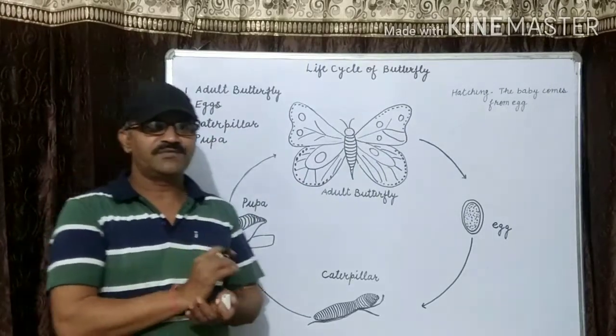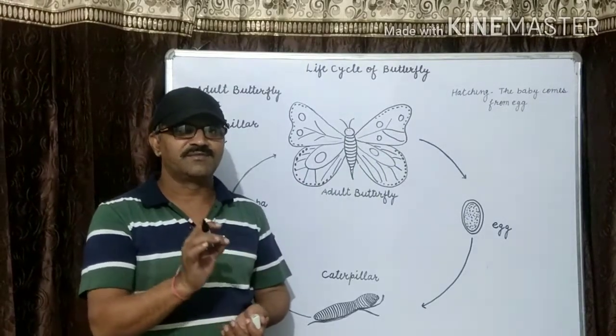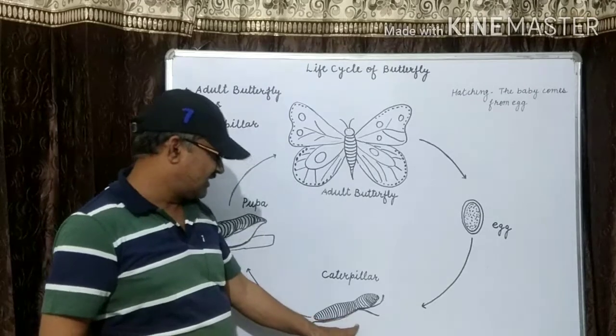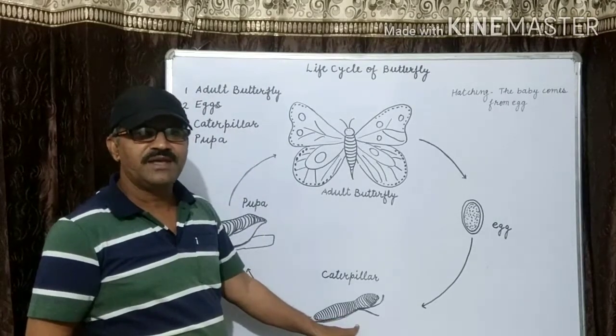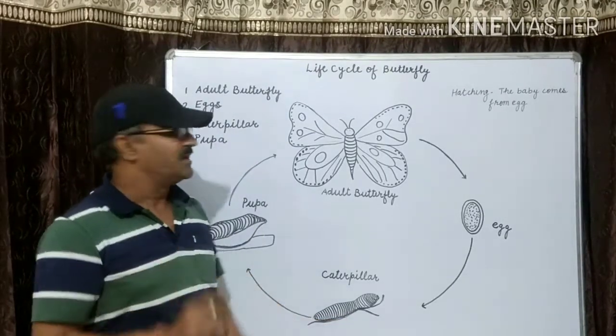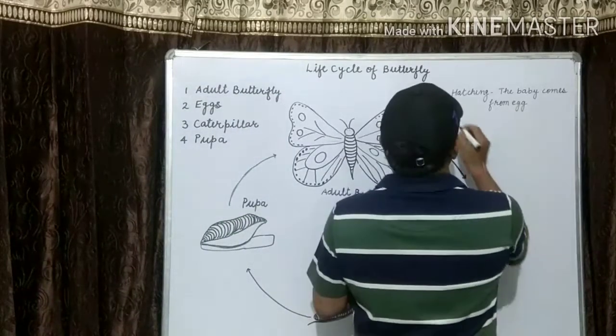The larva of a butterfly is called the caterpillar. What do we call the larva of a butterfly? That is known as the caterpillar. Should I write?